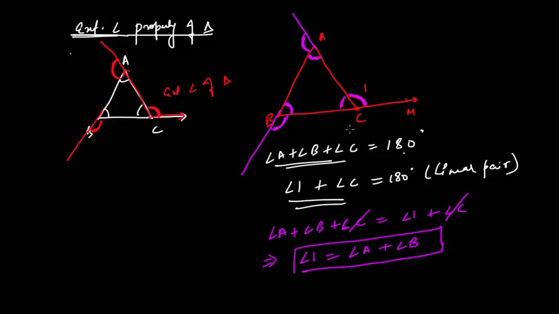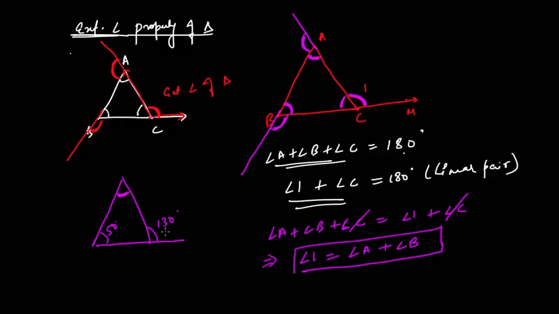This is the exterior angle property, and I hope the proof and the concept are pretty clear. So always try to understand this. Say for example, I have a triangle here and it is given that this is equal to 130 degrees and this angle is equal to 50 degrees. Now the question is to find this angle.